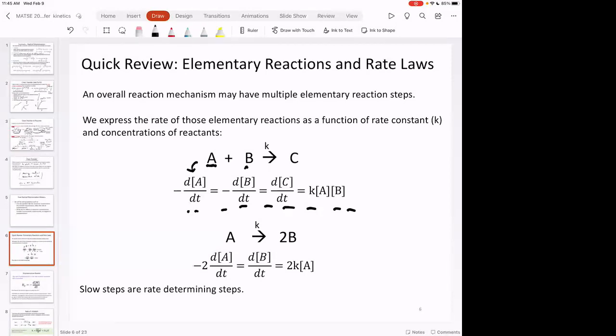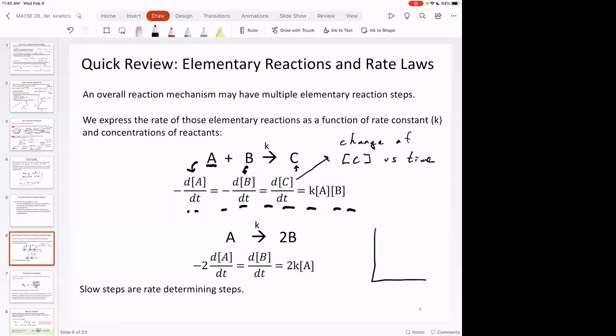Same thing for B, because these are reactants. We have a rate constant, and we can track the progress of the reaction by looking at the change in concentration of C over time. Remember, some expression like this is change of concentration of C versus time.